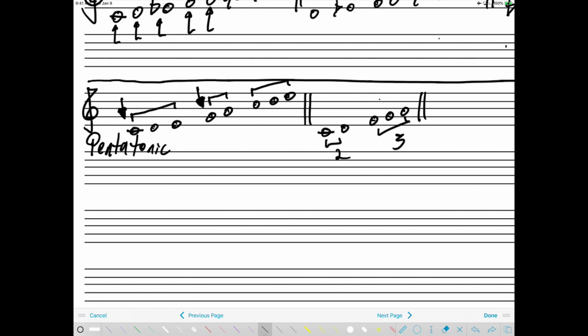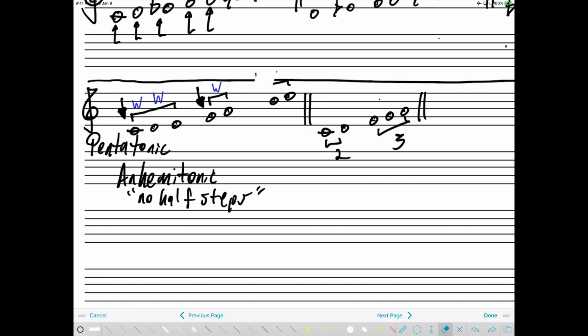And the makeup here that we're dealing with is, for this type of pentatonic scale, this is known as an anhemitonic. This basically means no half steps. So in this type of pentatonic scale, we have whole steps going on here. I'll erase this.